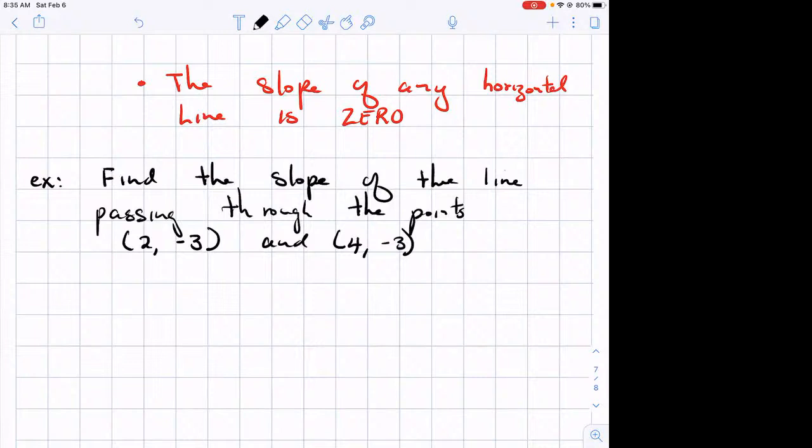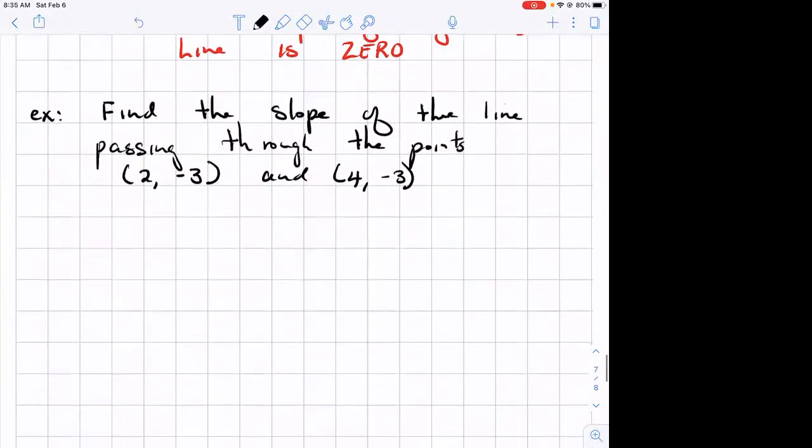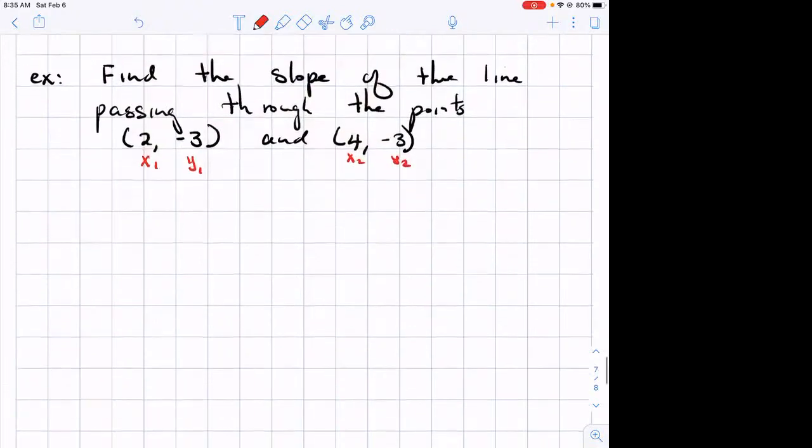Okay. So we will use the formula since we have the slope here. So let's call this x1, y1, x2, y2. And we'll use our formula.